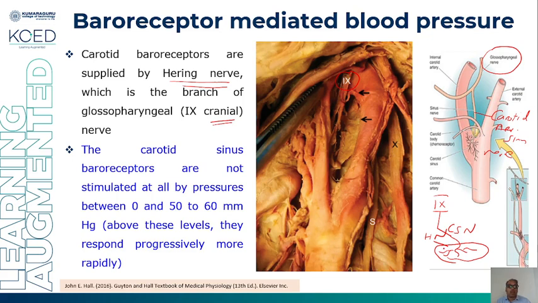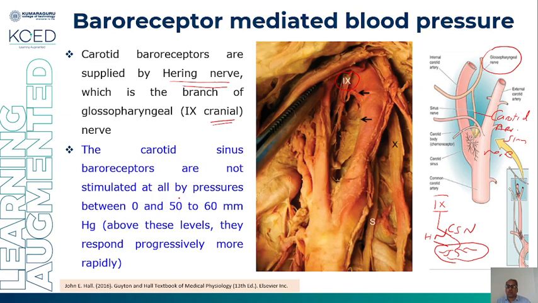So what is the role of this Hering nerve, which is penetrating the arterial wall? The nerve endings will be exposed to the blood, and will sense the pressure. Now what is the sensitivity of this nerve ending, or of the Hering nerve?